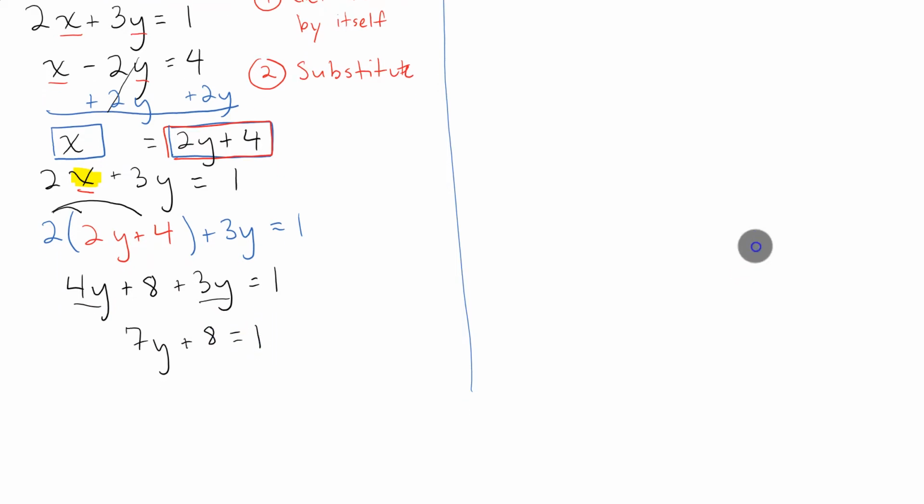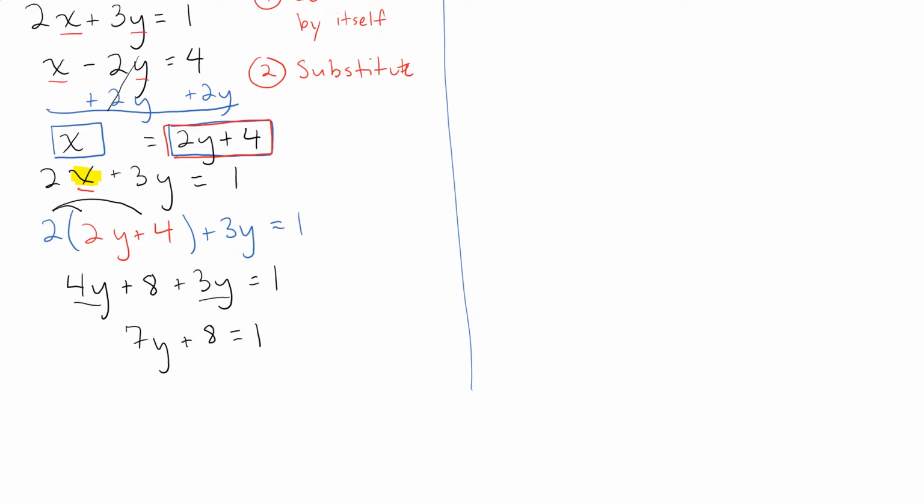And we can start getting y by itself. So I'll do minus 8 on both sides. And I get 7y is equal to negative 7. And then if I divide by 7 on both sides, we get our final answer of y is equal to negative 1.